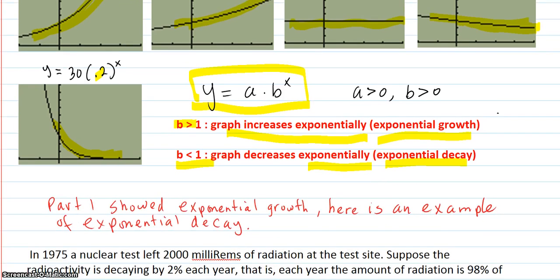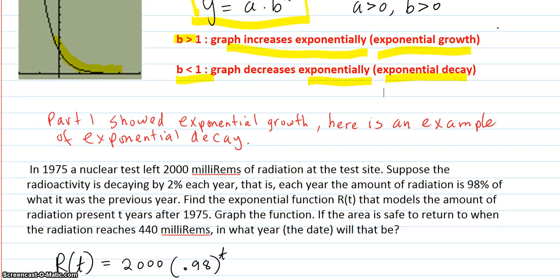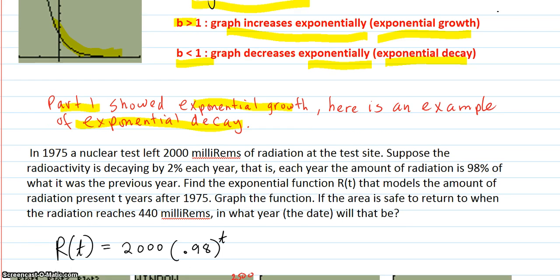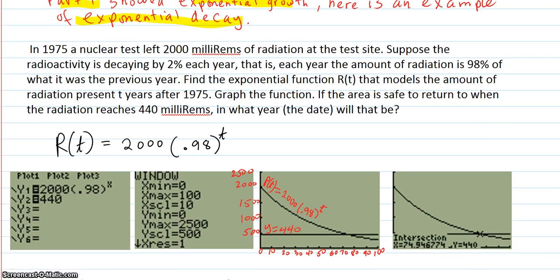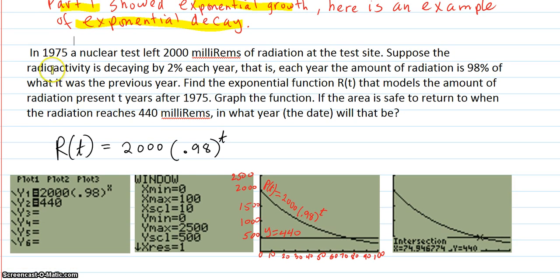Okay, so part 1 showed exponential growth. Here's an example of exponential decay. In 1975, a nuclear test left 2,000 millirems of radiation at the test site. Suppose the radioactivity is decaying at 2% each year.